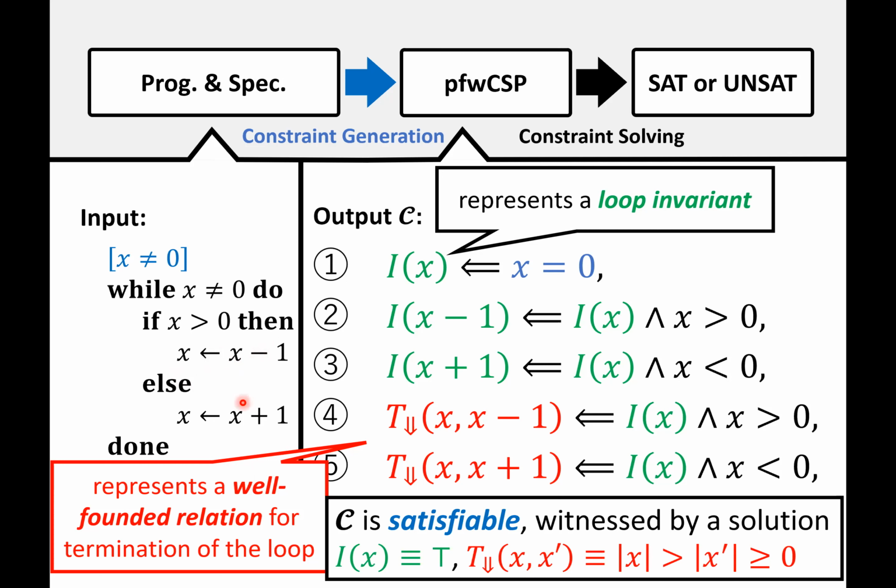We have a solution like this. Here, T down arrow says that the absolute value of X always decreases and is bounded by 0 from below. This is a solution for the predicate variable, and these solutions witness that the program is terminating.